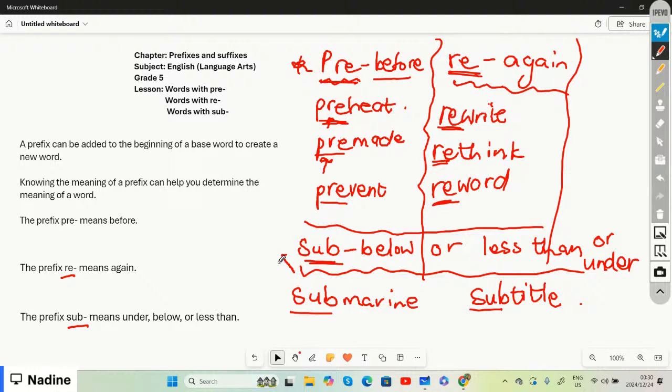All right. So we have sub, which means below, under, or less than, pre, which means before, and re, which means against. And remember, knowing the meaning of a prefix can help you to determine the meaning of a word.